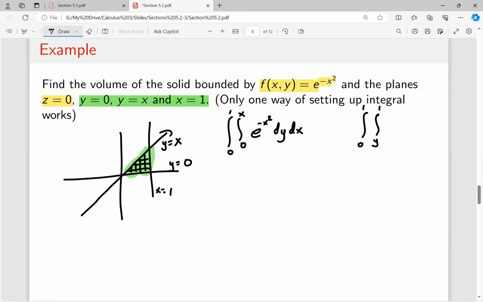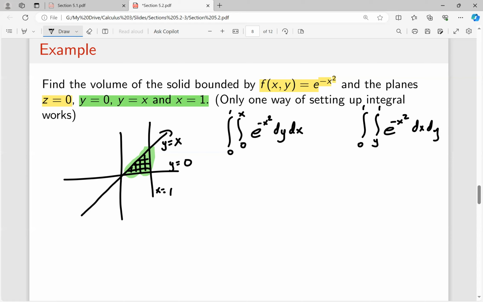The domain of those horizontal stripes is from y equals 0 to y equals 1. Okay, the same function, e to the negative x squared, dx dy.